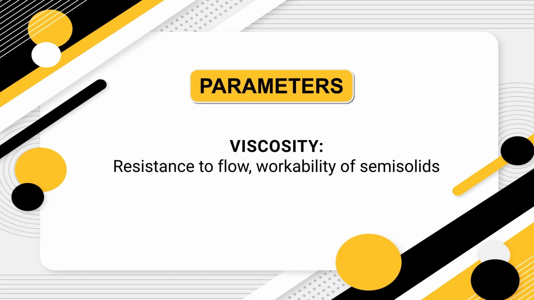So that has to do with the workability of semi-solids. For example, when we make chocolates, thick semi-solids, how do they flow and how do we maneuver their flow? That is the important property, viscosity. The next term, of course, is rheology, but not today. We'll talk about viscosity only.